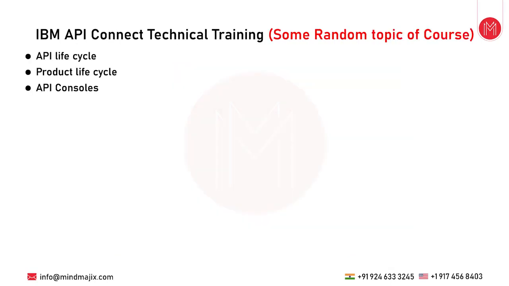In API Connect technical training, these three parts are very important among all the other concepts: API lifecycle, product lifecycle, and API consoles. The API lifecycle involves the different states of the API, like creation, managing, and deletion. Creation is the initial part, and managing involves a concept called versioning.